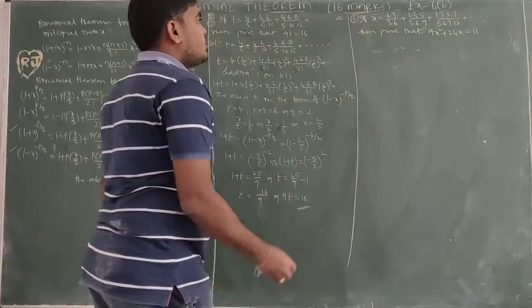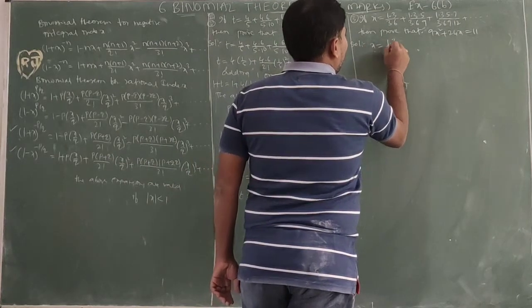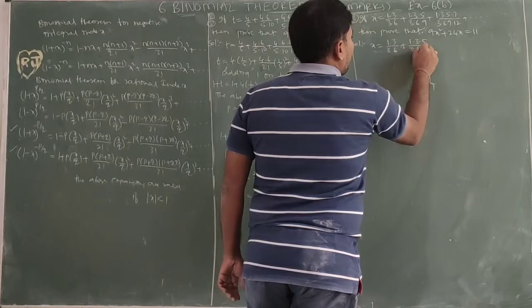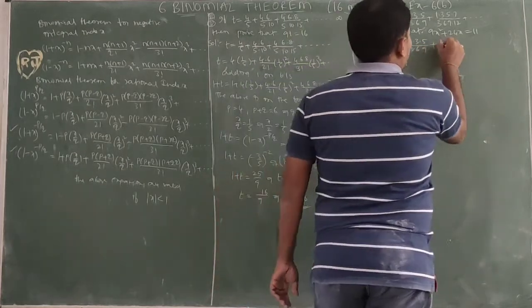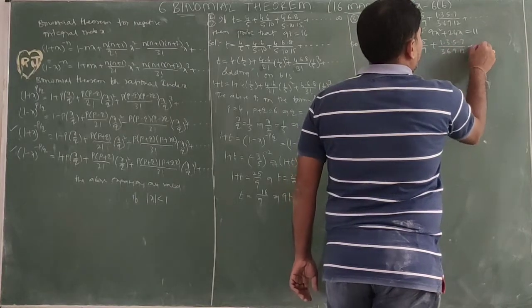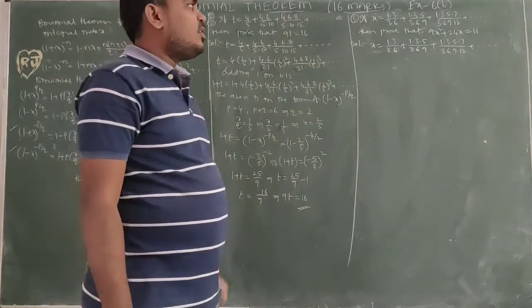Okay, solution. x equal to (1 into 3) by (3 into 6) plus (1 into 3 into 5) by (3 into 6 into 9) plus (1 into 3 into 5 into 7) by (3 into 6 into 9 into 12) plus up to so on. So the denominator is multiples of 3.